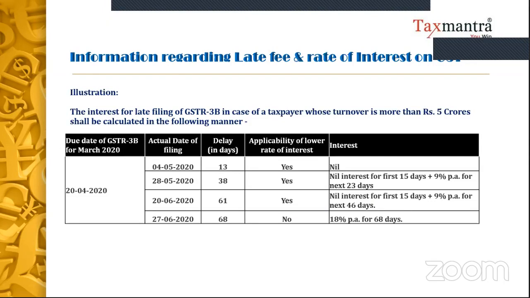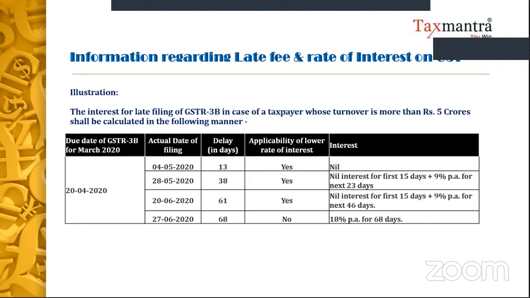Now, in case two, if such taxpayer files the GST return 3B on 28th of May, the total delay days come to 38, and the interest will be calculated. For the first 15 days there will be no interest, and 9% interest will apply for the next 23 days.